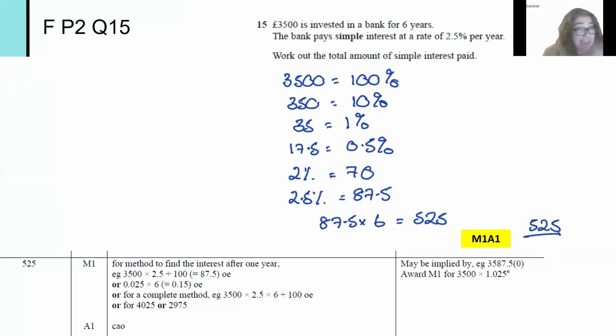And in this case, it is. But to be honest, for a foundation paper 2, we should be talking about students being able to use decimal multipliers and not still be using the build-up method.